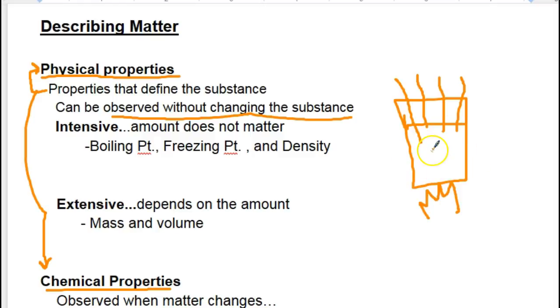They're going to start to warm up, and they're going to change from a liquid to a gas, G. And there's a temperature where things start to change from a liquid to a gas, and we call that the boiling point.